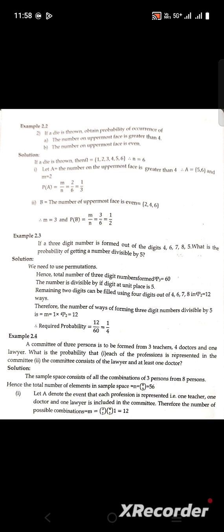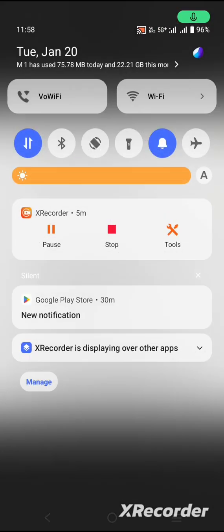Therefore the total number of ways of forming a 3 digit number divisible by 5 is m = 1 × 4P2 = 12, and the required probability is m/n, where m is the favorable events divided by the total sample space, that is 12/60 = 1/5.